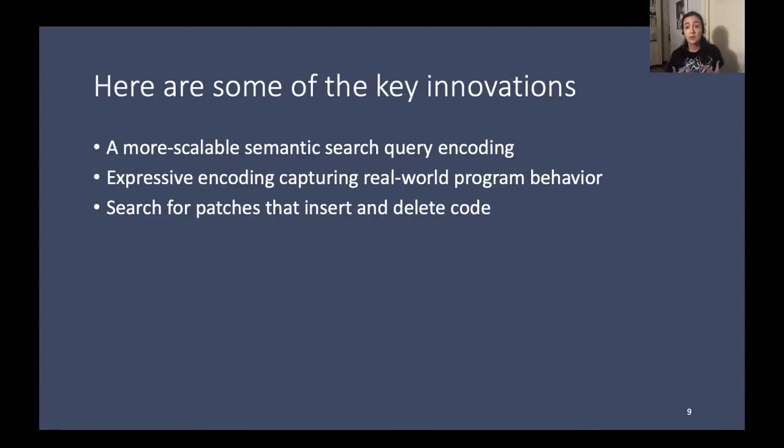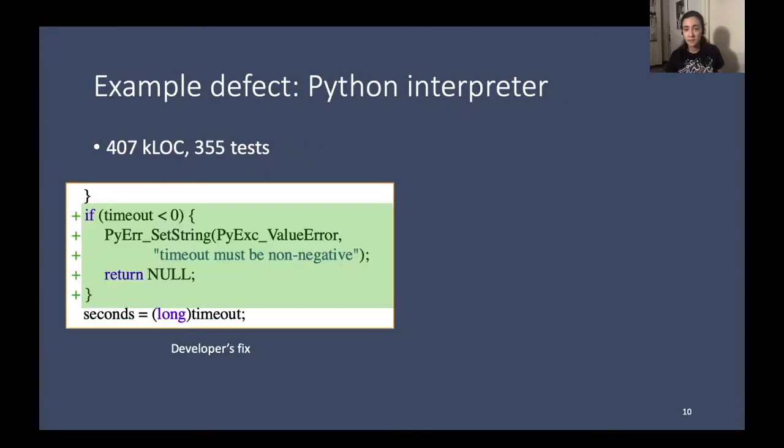We developed a novel, more efficient and more scalable semantic search query encoding, and we extended the state-of-the-art constraint encoding mechanism to handle real-world C language constructs and behaviors. In addition to that, we extended the search technique to encode deletion and insertion. And these are just some of the key innovations in SOSRepair.